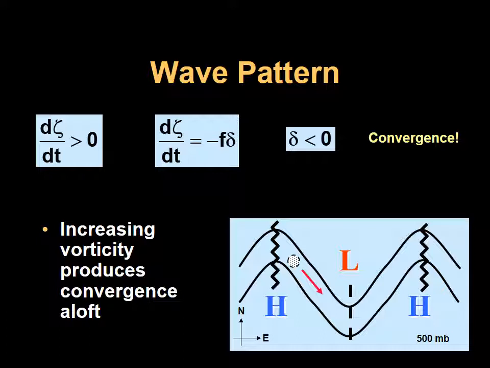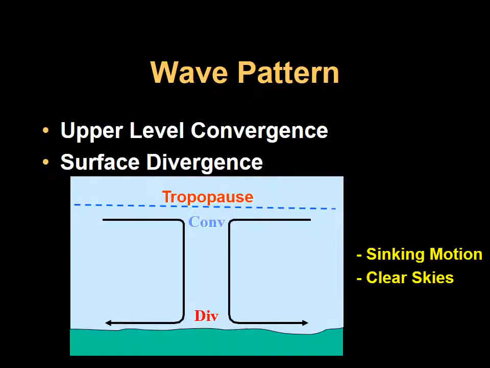That means that we need to have a delta that is negative. And a negative delta, one that's less than 0, means that there's convergence. So at 500 millibars, as the wind flows from the ridge to the trough, upstream of the trough, we have convergence in the upper levels of the atmosphere.